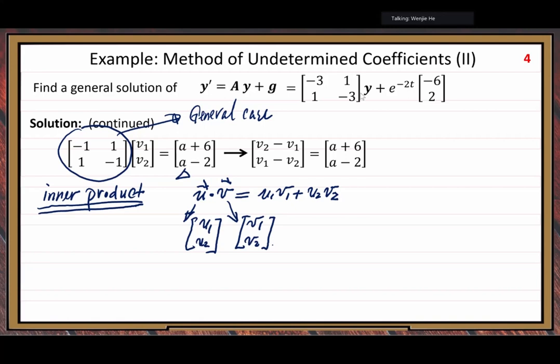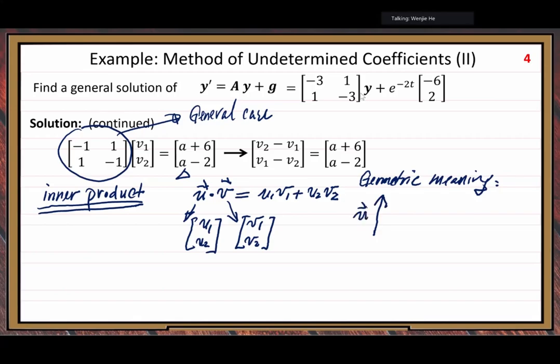For the inner product, when we do this operation, there is a geometric meaning. Here we need to use the geometric meaning of the inner product. What's the geometric meaning? The inner product is closely related to the angle between two vectors.